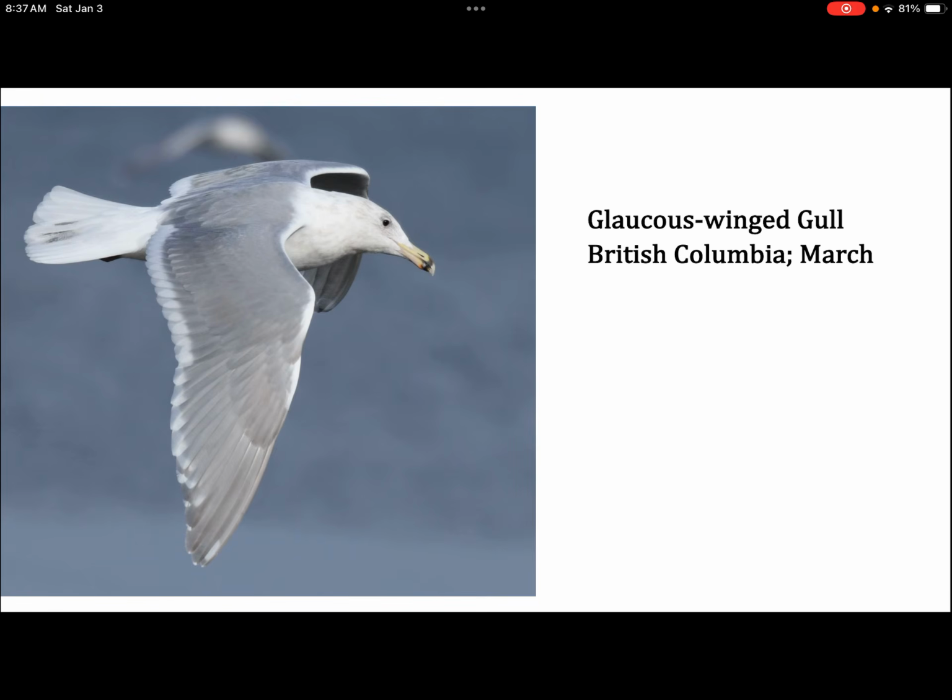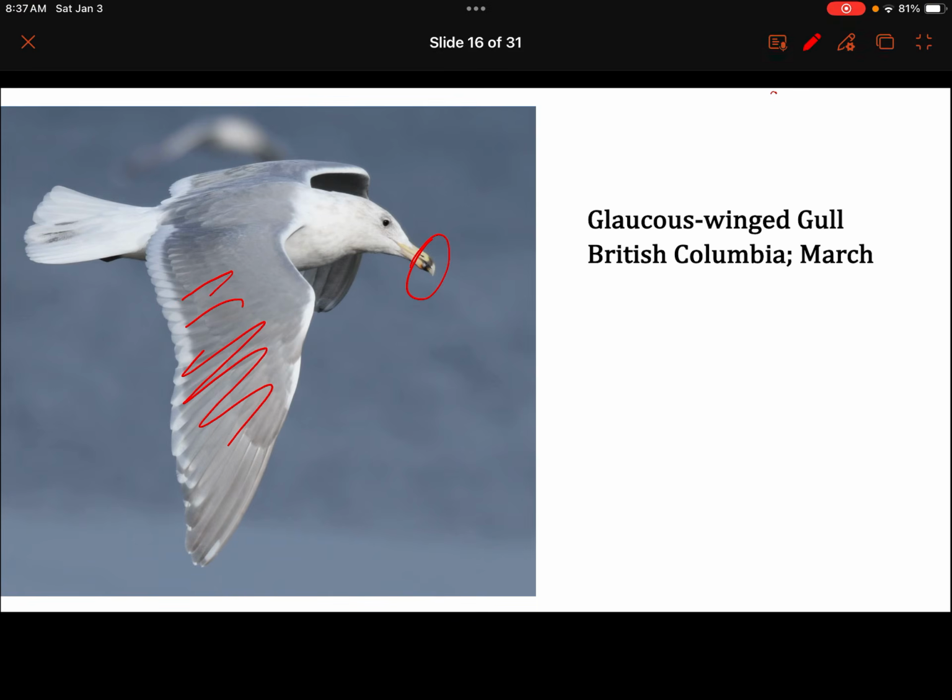From a distance, most people might suspect this is an adult and not think much of it after an initial view. But if you look at this pretty extensive bill band, this wash all across the wing panel, that wash is pretty noticeable if you know what a definitive adult looks like.